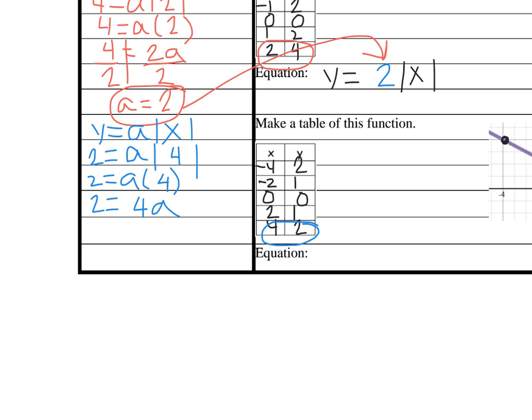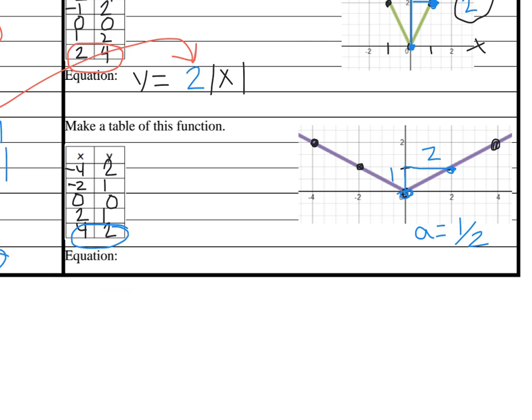To do that, I will divide by 4 on both sides. 2 over 4 is the same thing as 1/2 equals a, which is what we got over here. So our equation is y equals our a value, which is 1/2, times the absolute value of x.